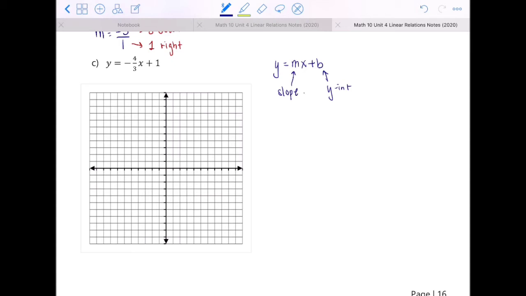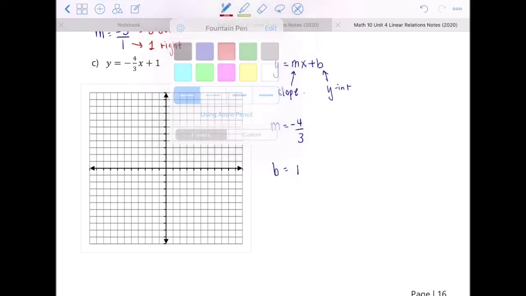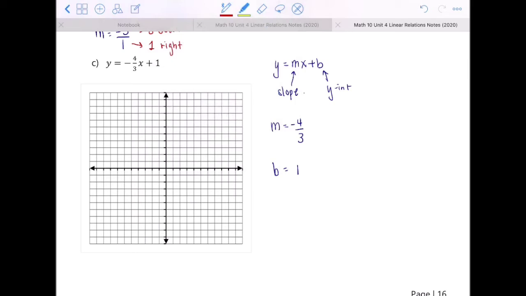So what we can state here is that our slope from our equation is -4/3, and the y-intercept b is 1. This -4 indicates that we're going 4 down, and this denominator indicates we're going 3 to the right.